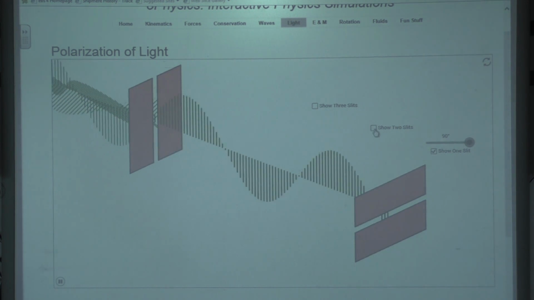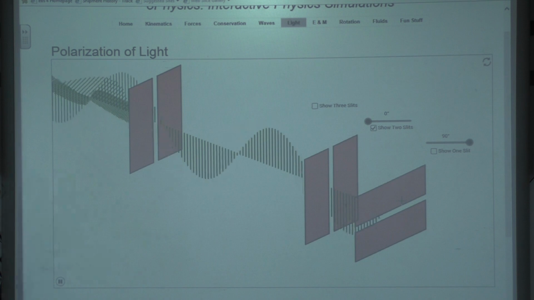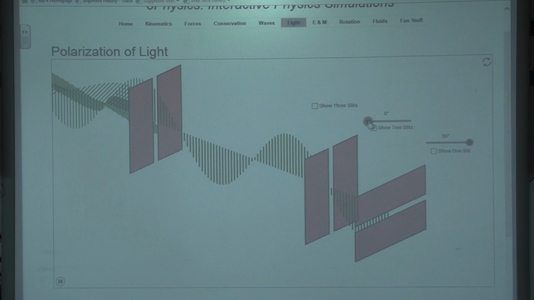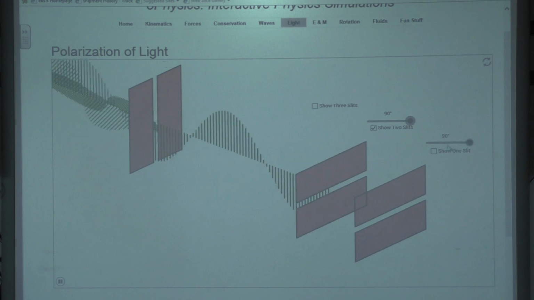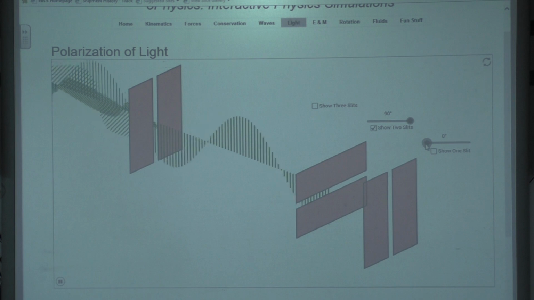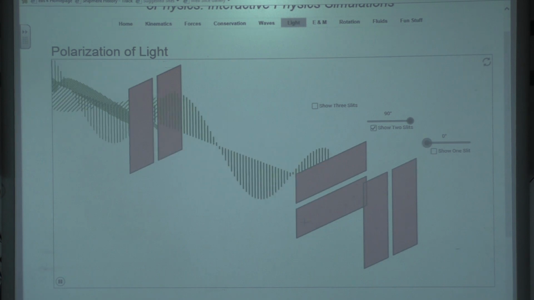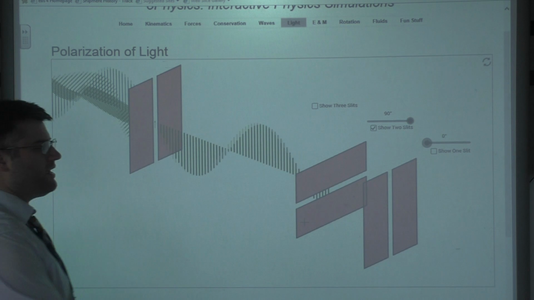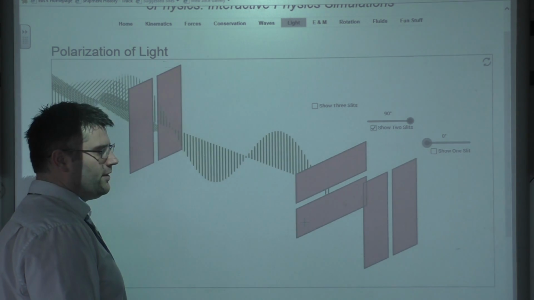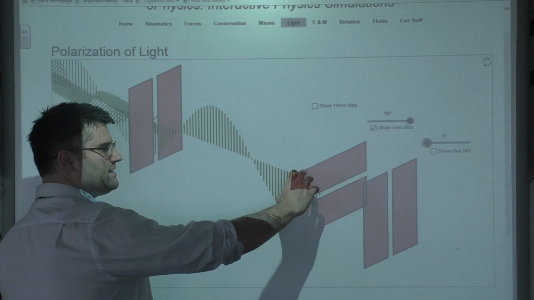So what happens if we introduce a second slit then? Well, as we can see here, if I rotate this one to 90 degrees, we block that, and I'm going to rotate this one back to 0. Obviously this one is doing all the blocking. But what will happen if I start to rotate it?